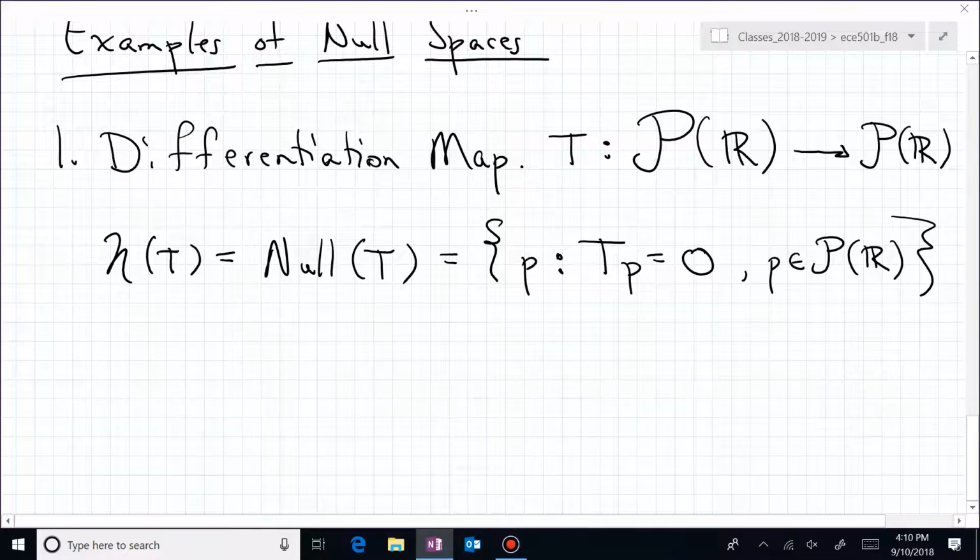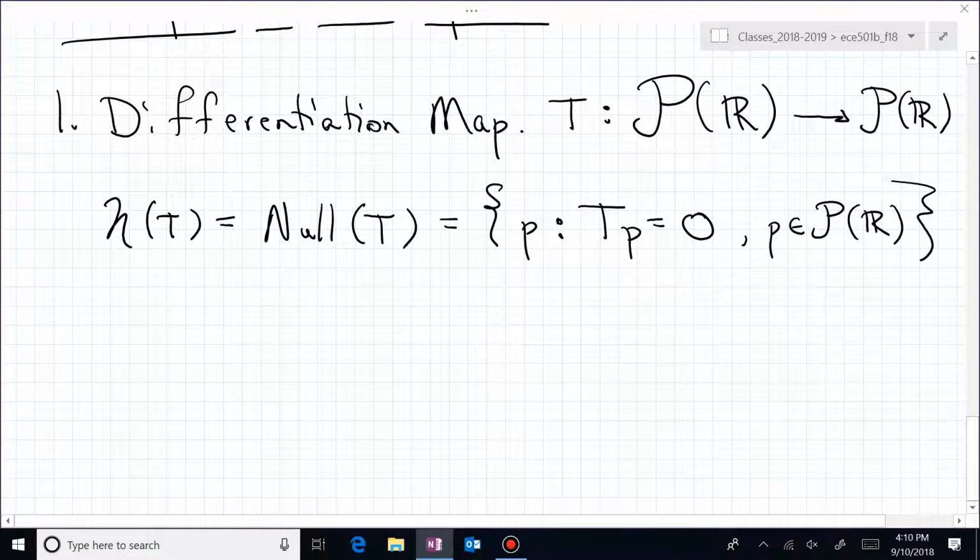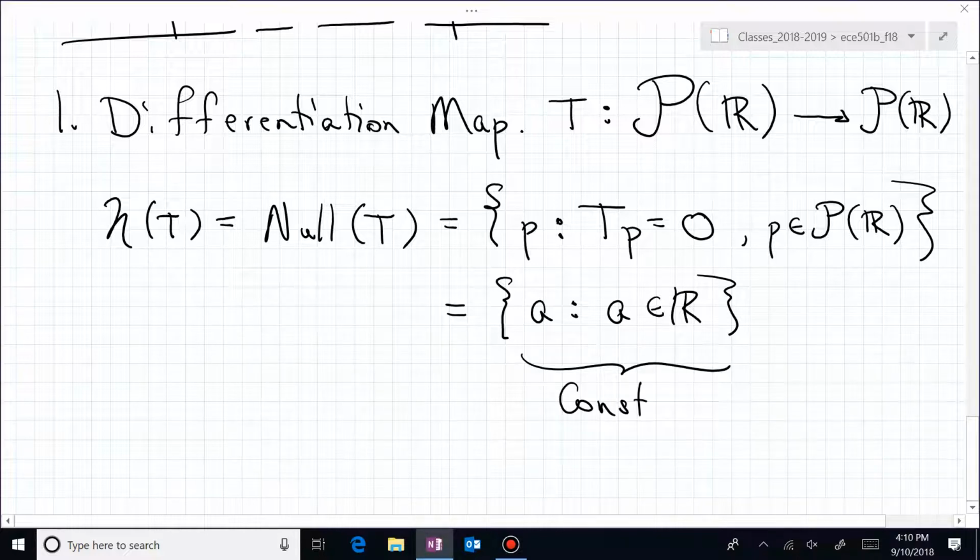And now, can you think of polynomials which, when differentiated, give you 0? So now if you had a polynomial that was a constant, that would be in the null space of this differentiation map. So you could now say, oh, the null space of that differentiation map is the set A such that A is real. So you give me a polynomial that's a constant, and that's in the null space of this differentiation map.